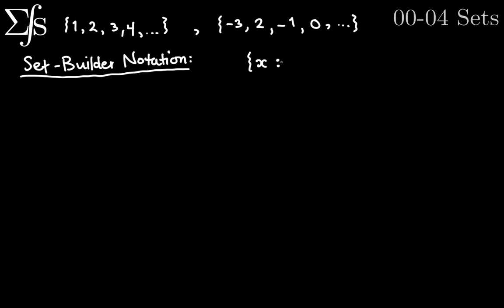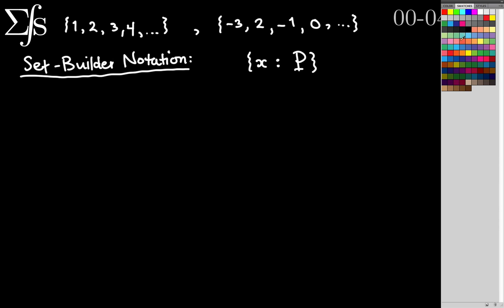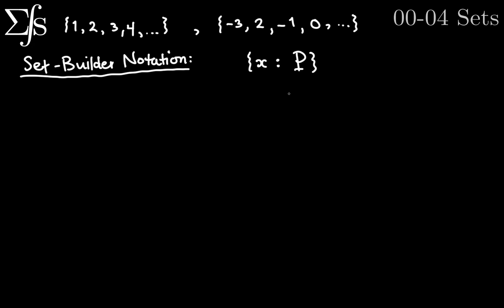So bracket x, this is a lowercase x, colon, and then some property, some sentence that has to be satisfied. So let's break that apart, because this might be a new set of symbols for you.